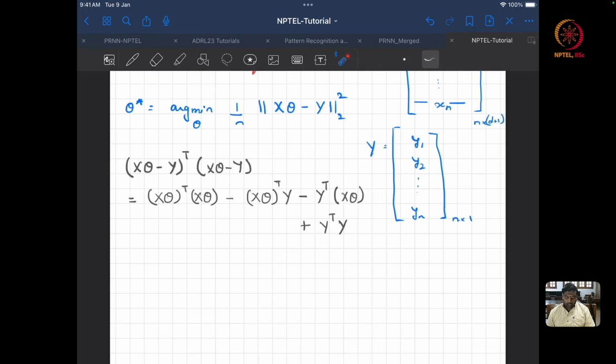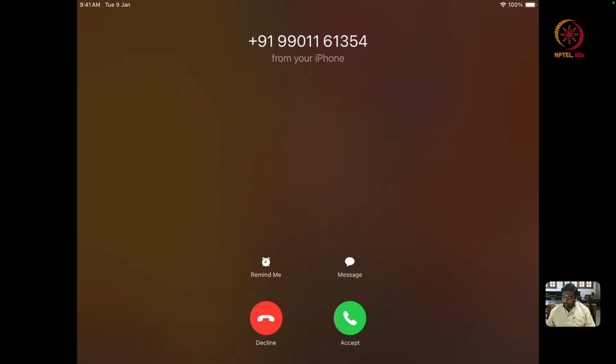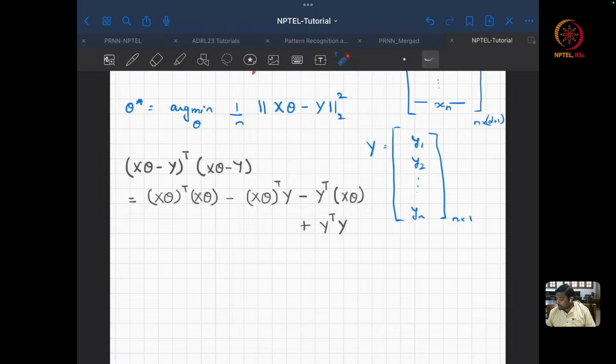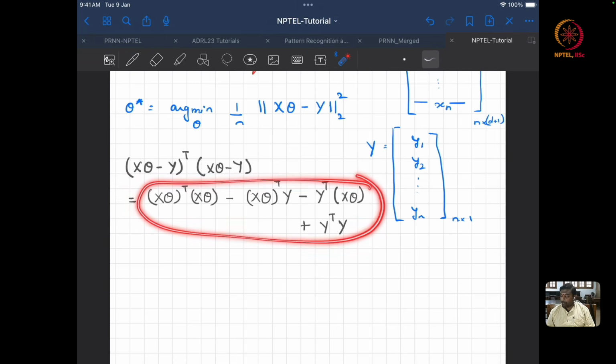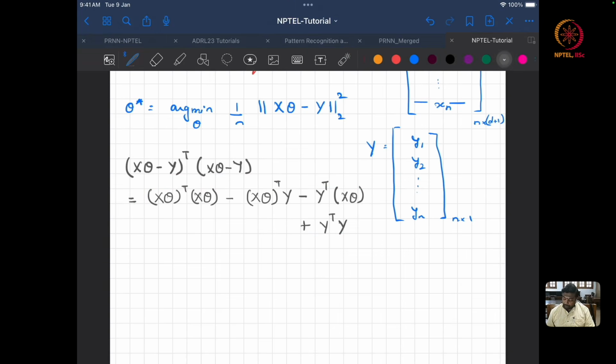Now let's look at this. This is a vector, and this is the dot product, so this is a scalar. Vector transpose into a vector, this is a dot product again, and again this is a dot product. All of them are scalars. Therefore, the overall outcome will be a scalar.